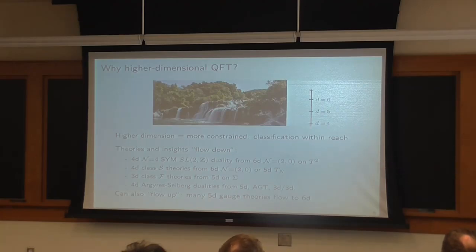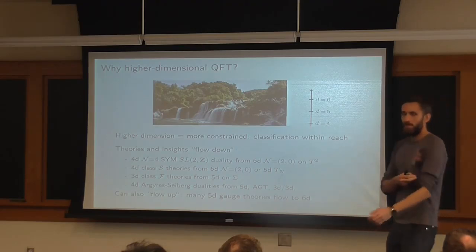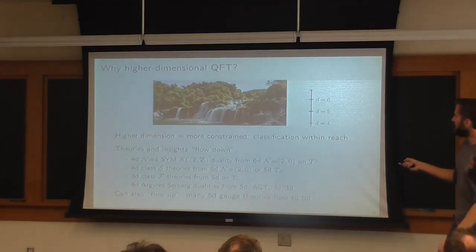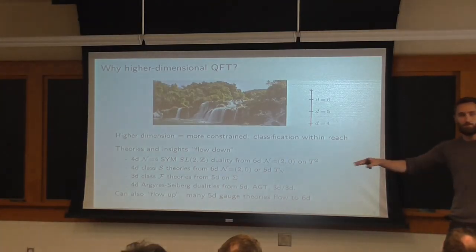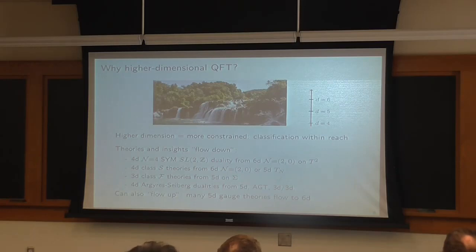So if you want to make an analogy to this kind of stream, which is maybe somewhere not too far from here, the higher dimensional theories would correspond to sort of the upper part of the stream, where things are nice and orderly, they're constrained, and you actually have a shot at classifying. And then as you go down in dimensions, it's where the stream broadens up, you have all sorts of substreams, and splits up, and becomes a little more fuzzy.